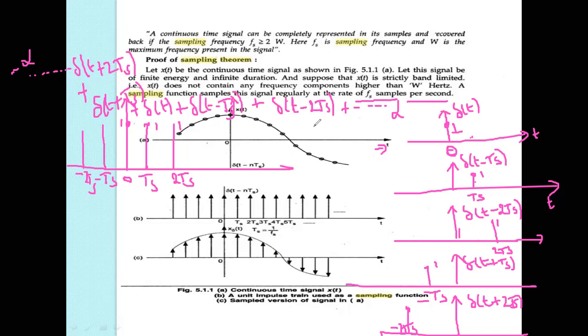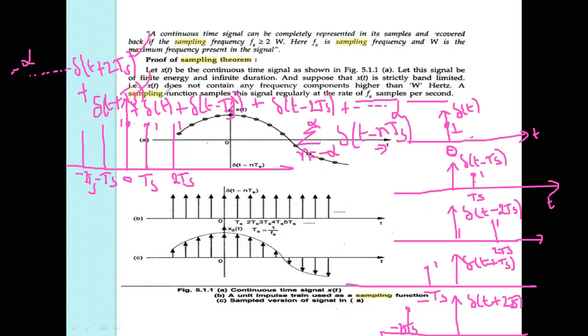If I write this as a sum, n equal to minus infinity to infinity of delta of t minus n Ts, this is the sum of all the functions, where n takes values from minus infinity and so on. Minus 2 means delta of t plus 2Ts, minus 1 means t plus Ts.